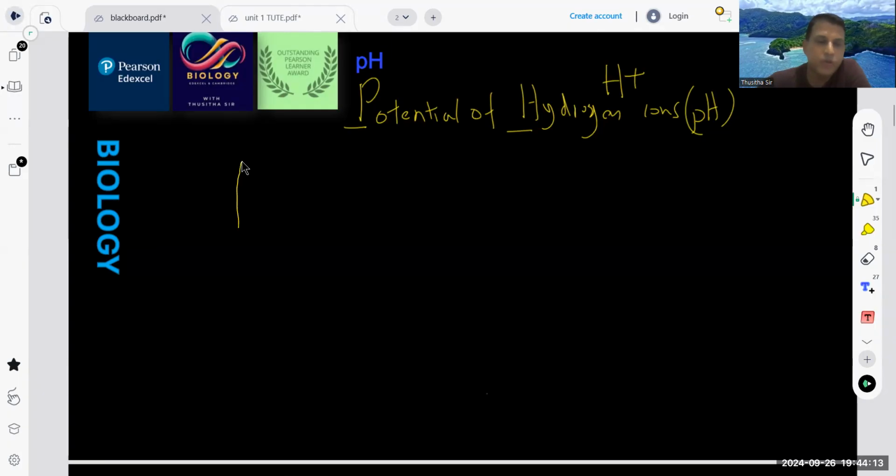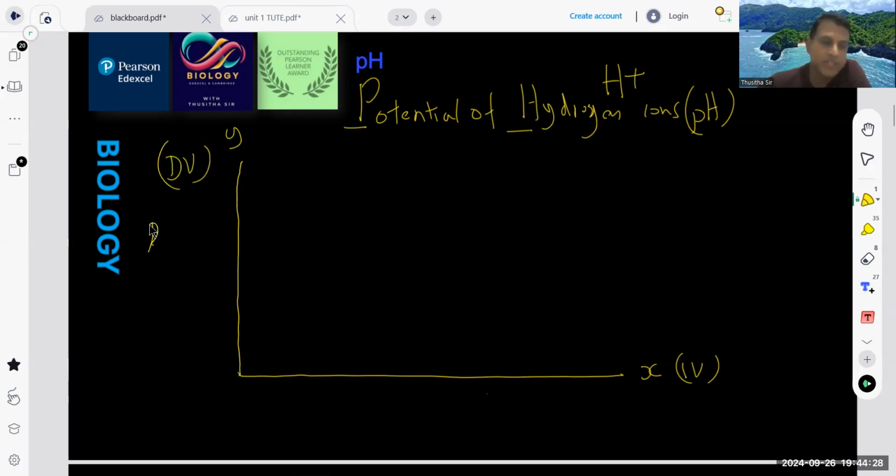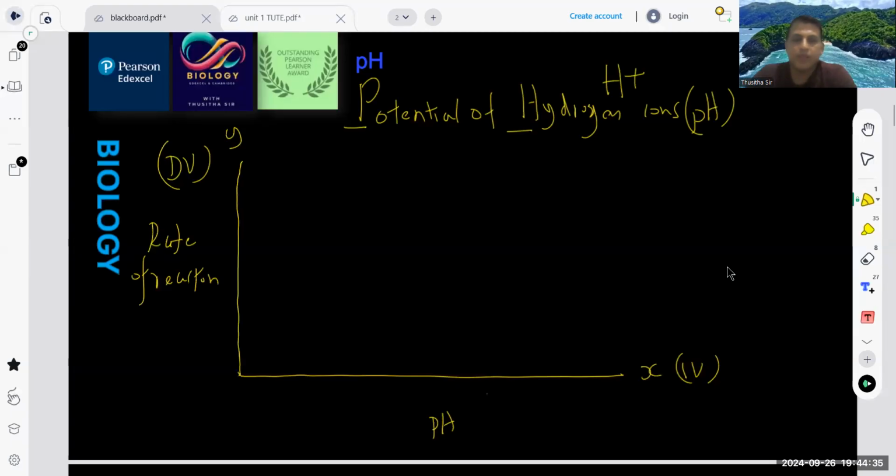So again, we try to draw this graph. X is the independent variable, Y is the dependent variable, and this is rate of reaction. And that's pH. Same graph like before: rate of reaction is the dependent variable, we measure the rate of reaction at each pH.